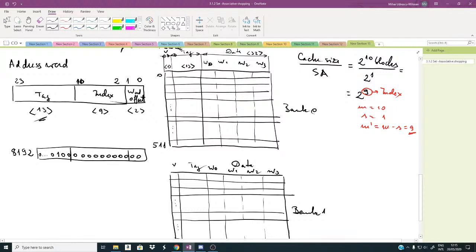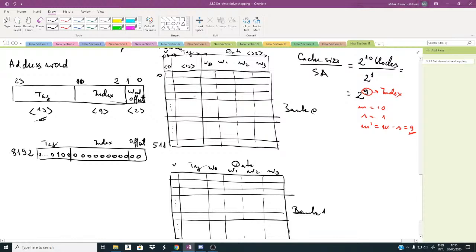So the index is 0, and the tag is 4. Sorry, it's 4.